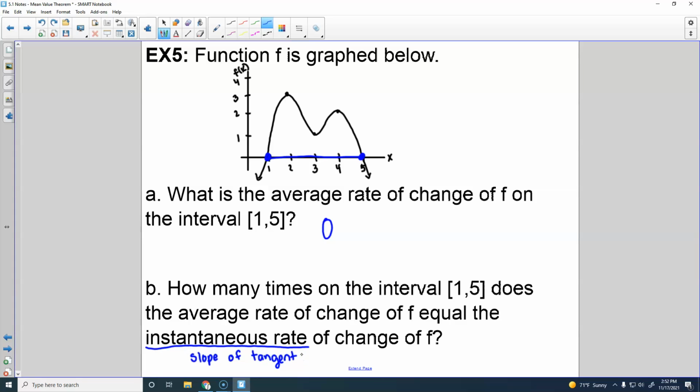So, somebody give me a point or x coordinate where. All right, at 2. Right there. Tangent would be horizontal there. At 3, I would have a horizontal tangent. And at 4.